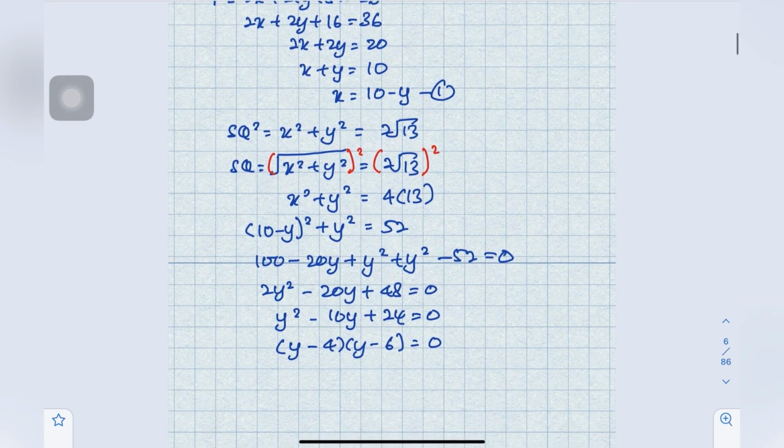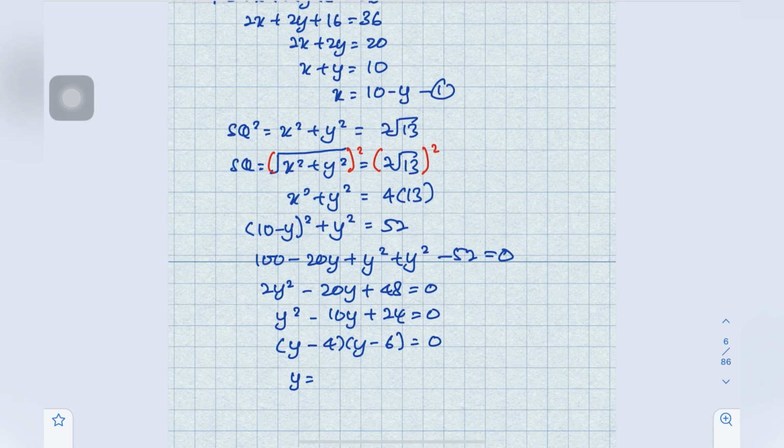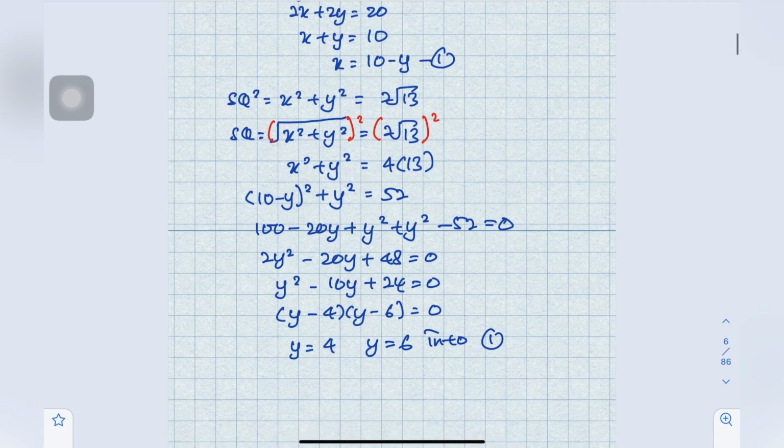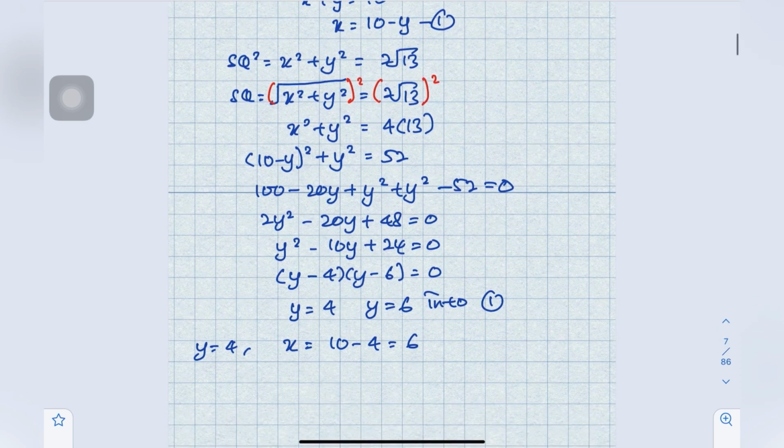So then we can find two values of y. y equals to 4 and y equals to 6. So then we substitute into 1. Okay, so when y equals to 4, then x equals to 10 minus 4 equals to 6. And when y equals to 6, so x equals to 10 minus 6 equals to 4.